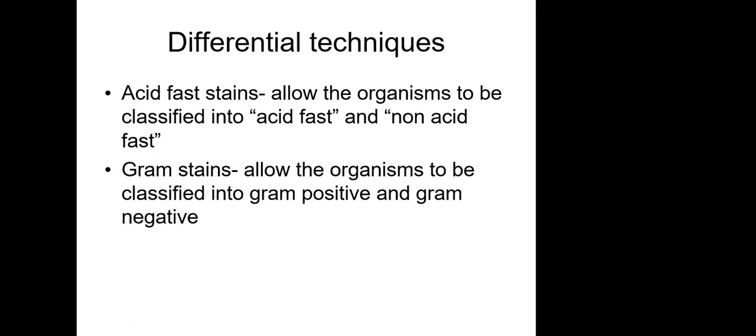Then we can further differentiate these bacteria into acid-fast or non-acid-fast. An acid-fast stain is used for tuberculosis. Non-acid-fast stains are bacterial stains and fungal stains.